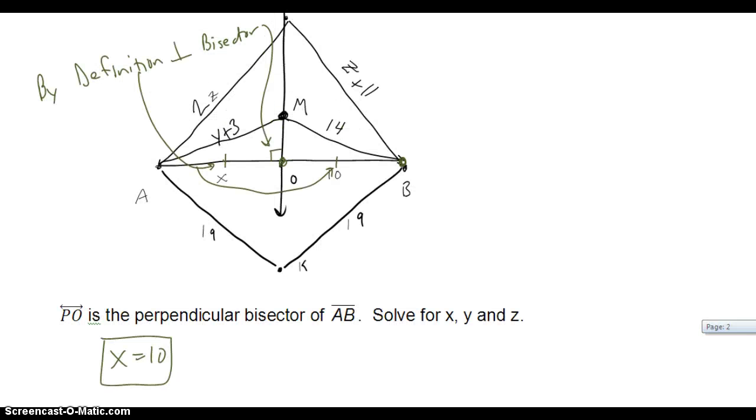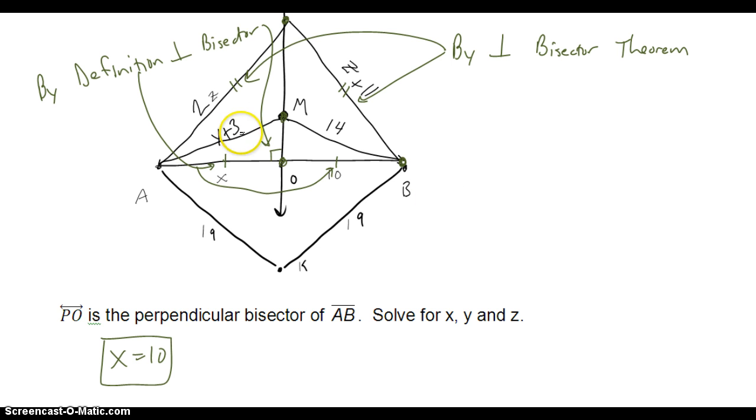But I have some other things that I know are true. P and M are both on PO. So by the perpendicular bisector theorem, I know that this segment is going to be congruent to this segment. And I also know that this segment is going to be congruent to this segment.